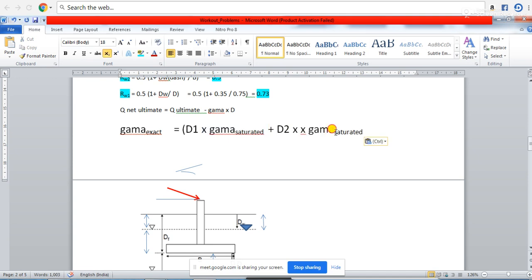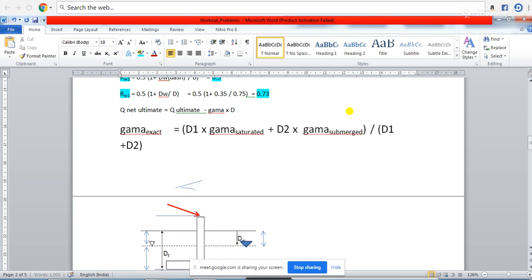Gamma submerged is nothing but gamma saturated minus gamma w, so you calculate gamma submerged. This is happening for the total depth, so the weighted average is taken over d1 plus d2.